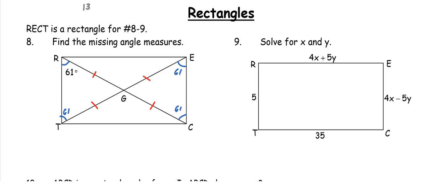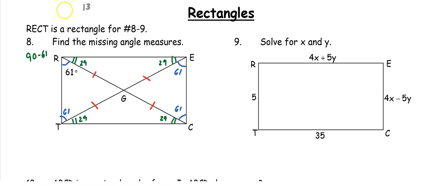To find the other angles missing in the corner by R, E, C, and T, we know that they are right angles. So we're going to subtract the angle we know from 90 to get our missing angles. So 90 minus 61 is 29. So all of these angles are 29 degrees.